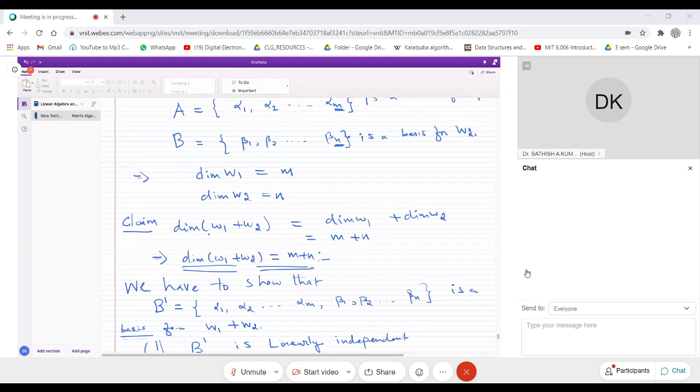But I have to prove that this is equal to the dimension of W1 plus W2. If that is so, then we are done. I mean, if I take the union of the two bases, I should get a basis.